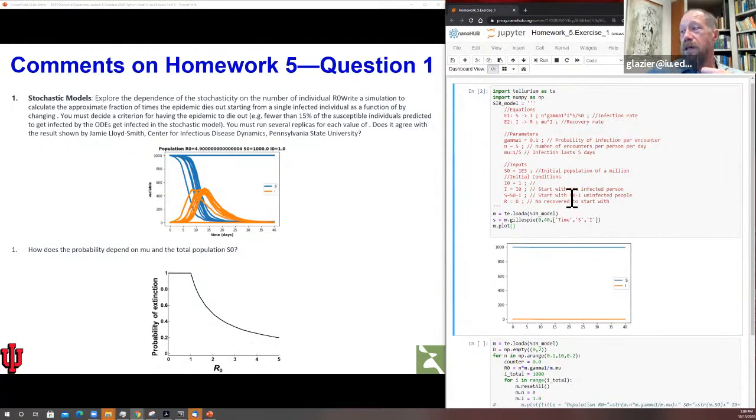And let's actually calculate what R naught is. So R naught is N times gamma 1 divided by mu. So let's get what R naught is for this simulation.